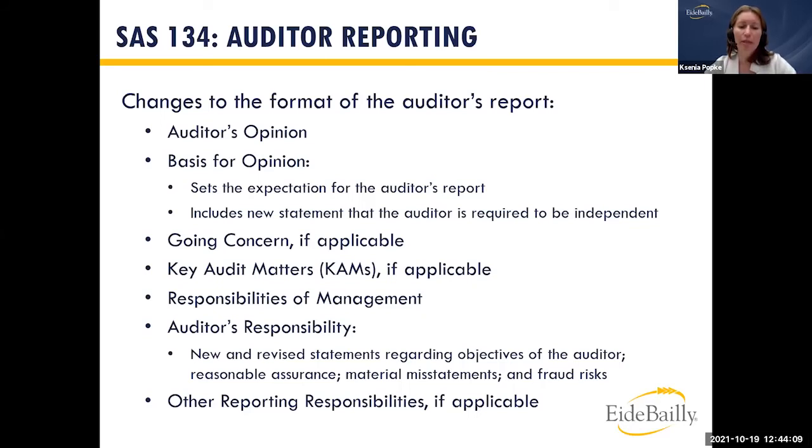Key audit matters will be added to the report if they're applicable. There's some specific responsibilities of management that are highlighted. Obviously, the financial statements are responsibilities of management, and the audit firms issue an opinion. And so that particular information is highlighted again. And there's some other reporting responsibilities if they become applicable.